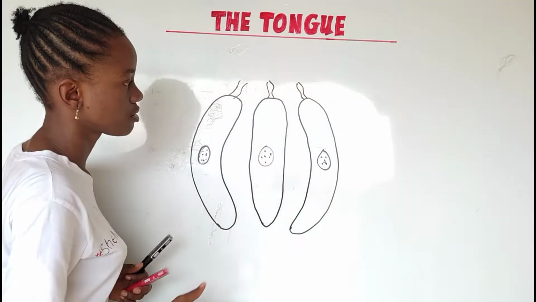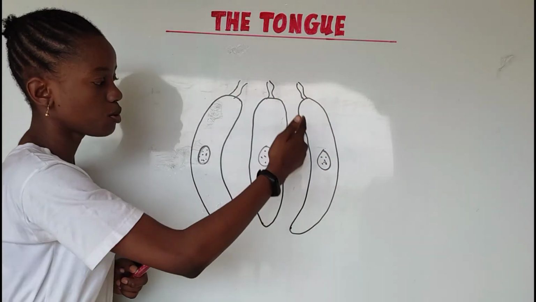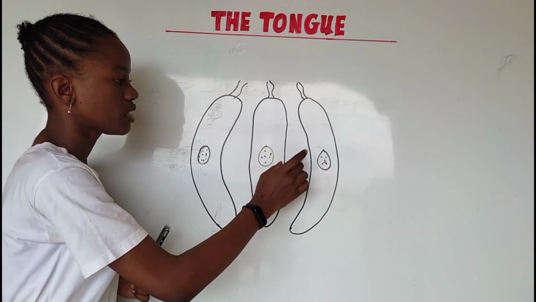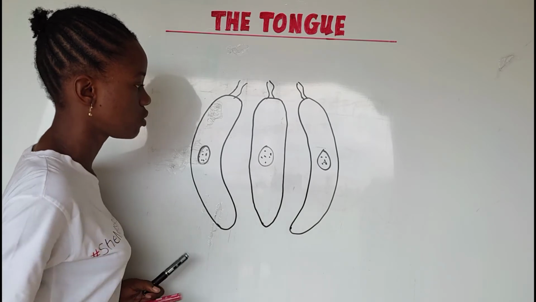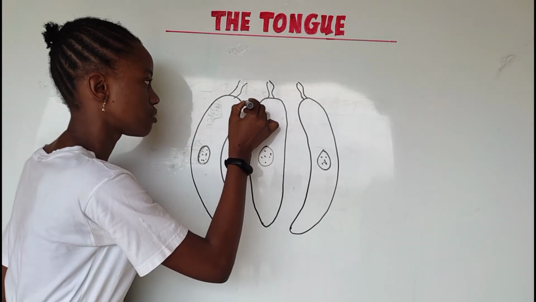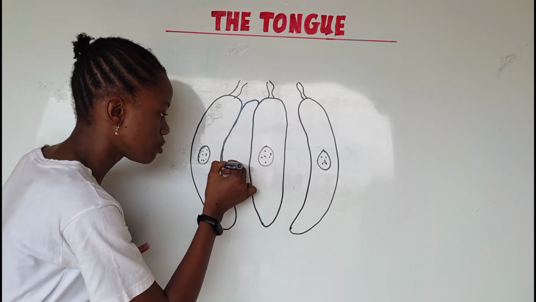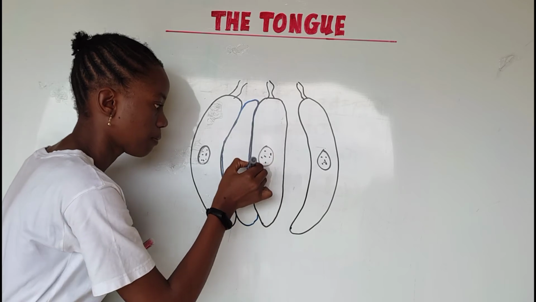So these are the chemoreceptors, and they have hair-like processes on their upper parts, and in between them, I'll draw it with blue, are supporting cells. They are not the sensory cells, but they are supporting cells.